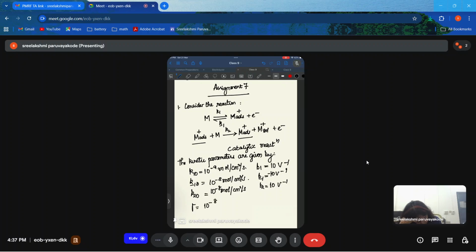Gamma equal to 10 to the power minus 8 mole per centimeter square.